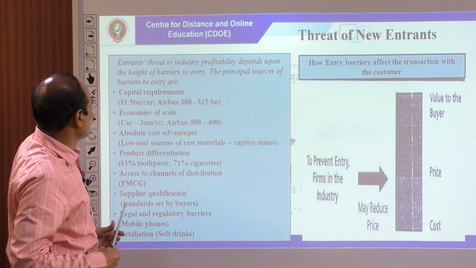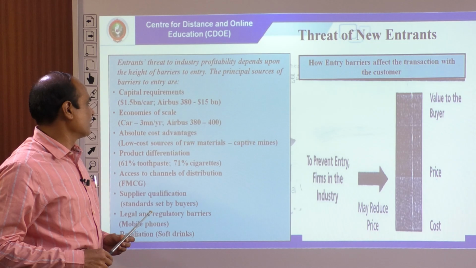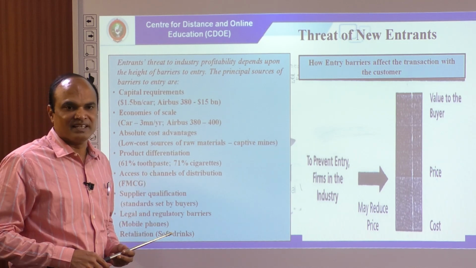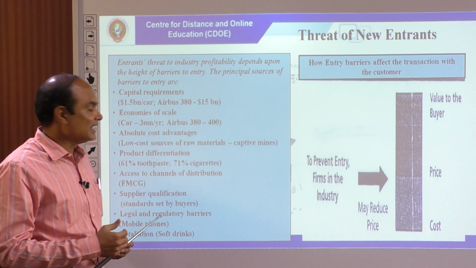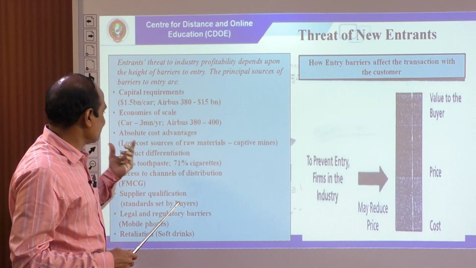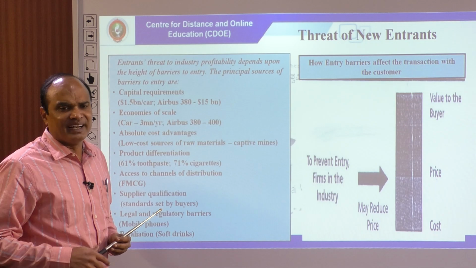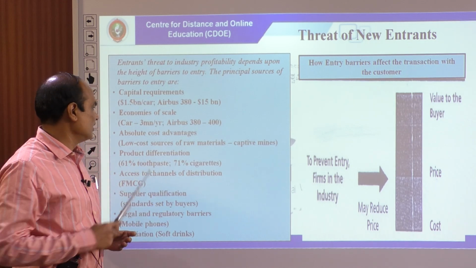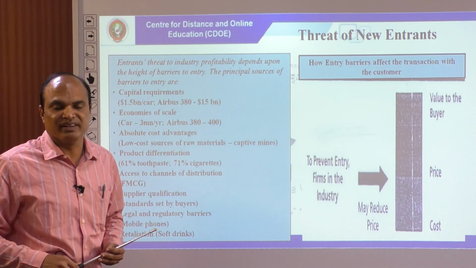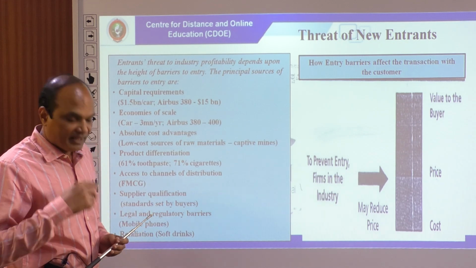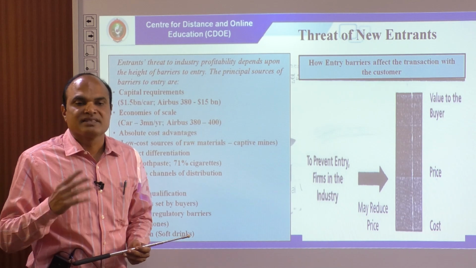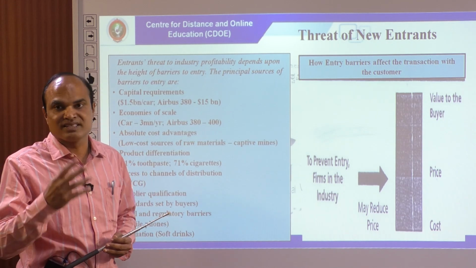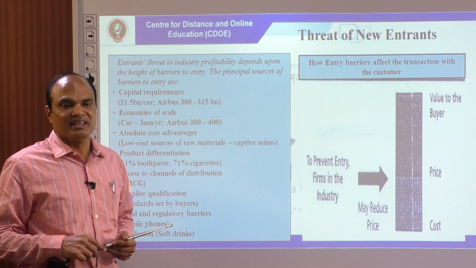Then the third barrier is absolute cost advantages enjoyed by certain entrants, that is certain operators, with low cost sources of raw materials. Let us take the example of Tata Steel or Steel Authority of India Limited, that is SAIL.